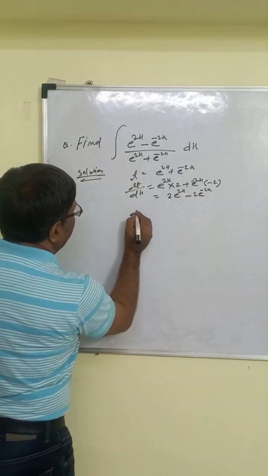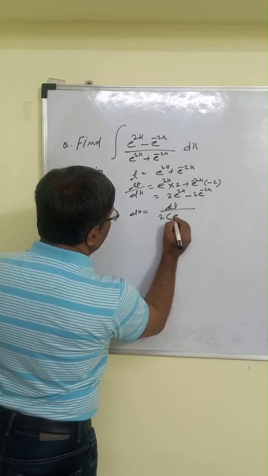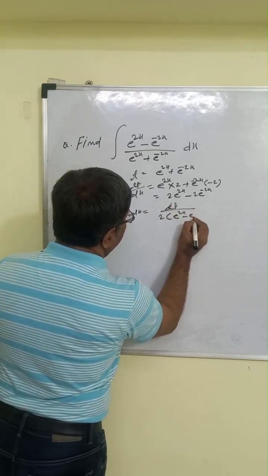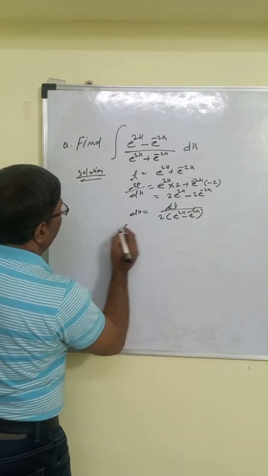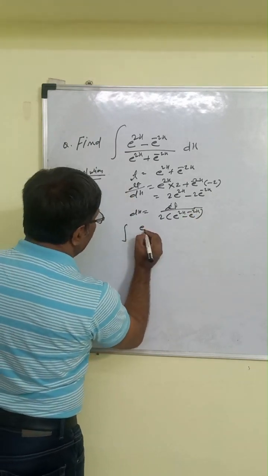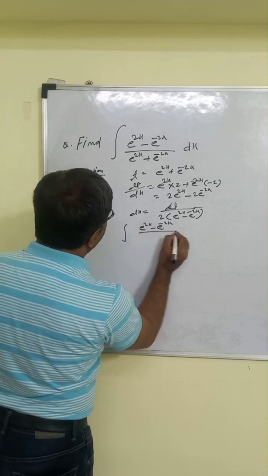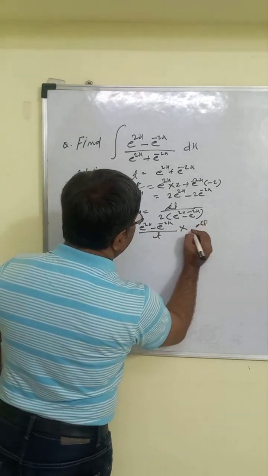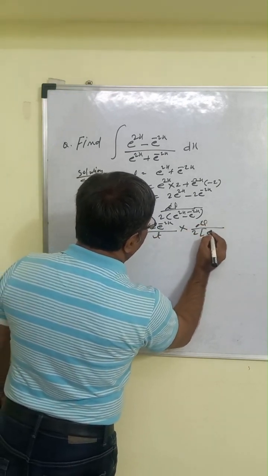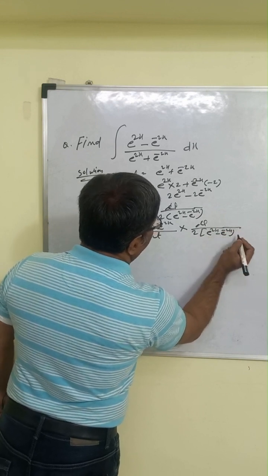So we can find dx equal to dt upon 2 into e to the power 2x minus e to the power minus 2x. So just put the value e to the power 2x minus e to the power minus 2x, and the denominator is t, and we write here dt upon 2 into e to the power 2x minus e to the power minus 2x.